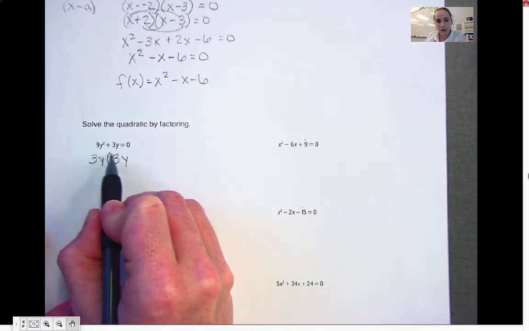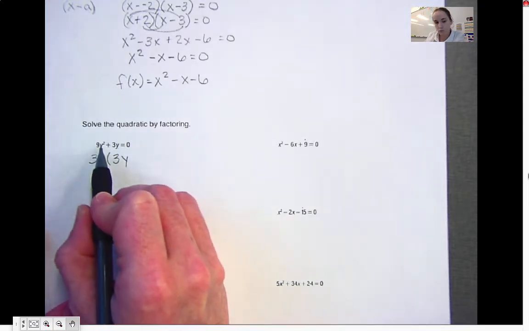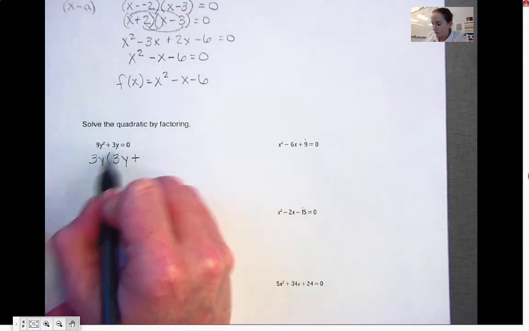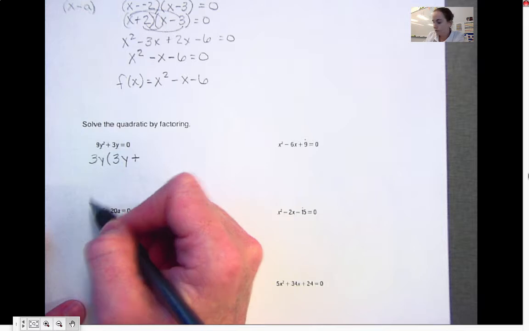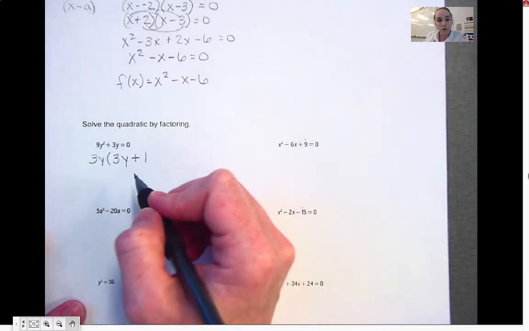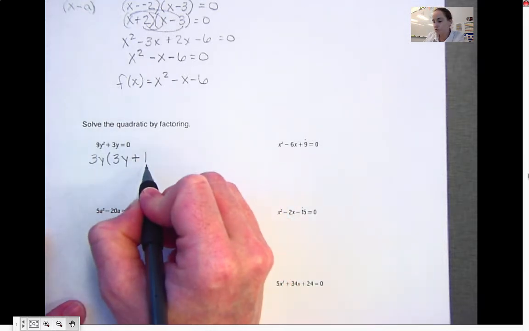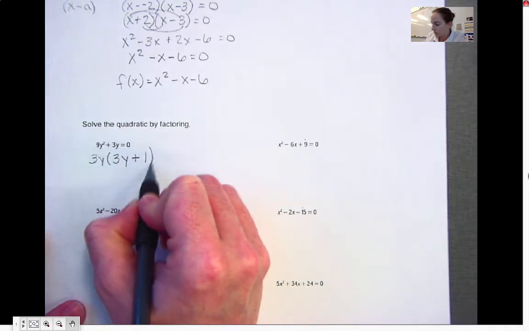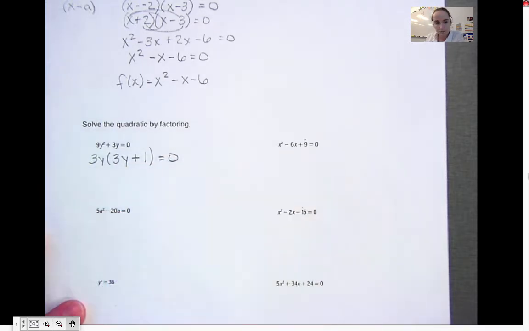Notice when I multiply it back, I get 9y squared, which is what I want. Plus, well, I took all 3y, I took it all out, so I only have 1. Remember, you have to multiply it back, so I need to represent this. I have to have 1 back here. Equals 0.